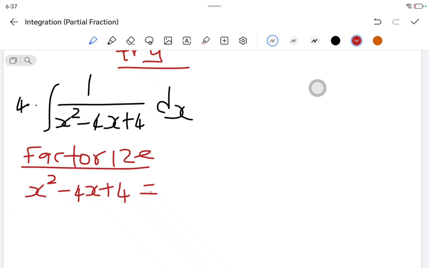Difference of two squares, x minus 2, x minus 2. So they're saying x minus 2, x minus 2, right?